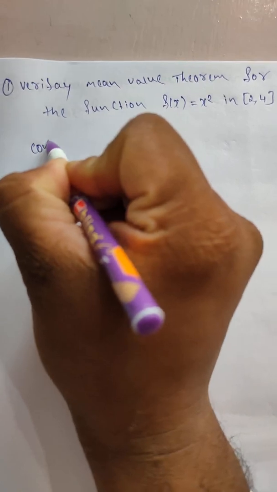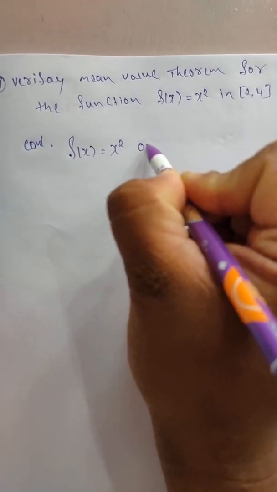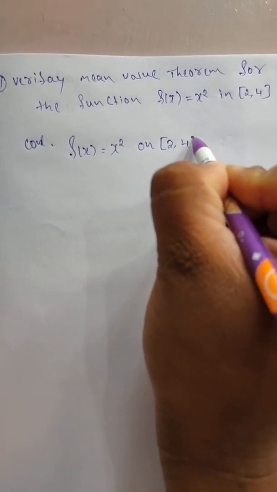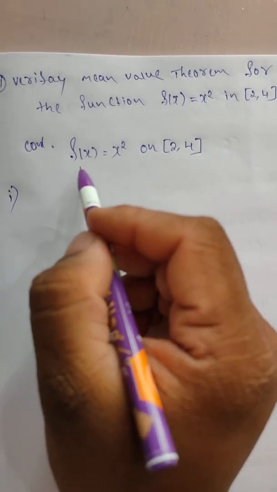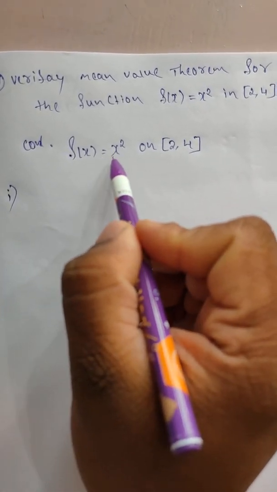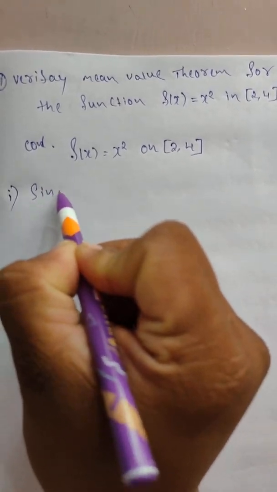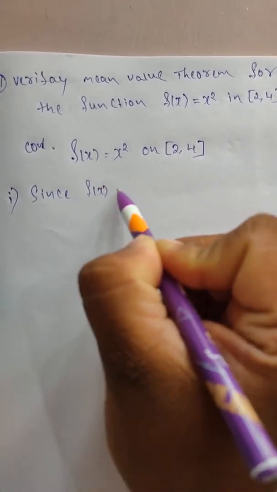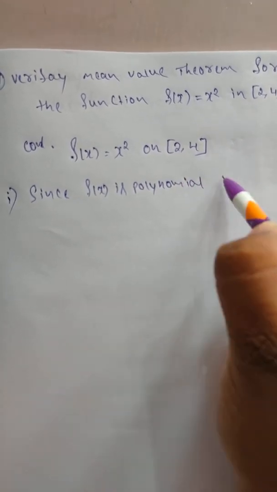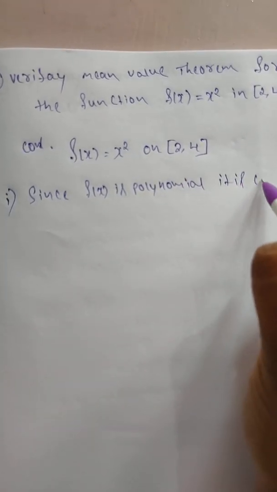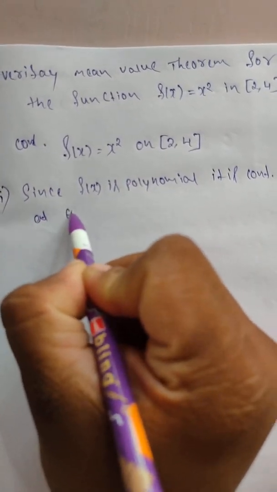Consider f of x is equal to x square on closed interval 2, 4. Now the first condition is continuous. So f of x is equal to x square. You want to write the conclusion: since f of x is a polynomial, it is continuous everywhere.